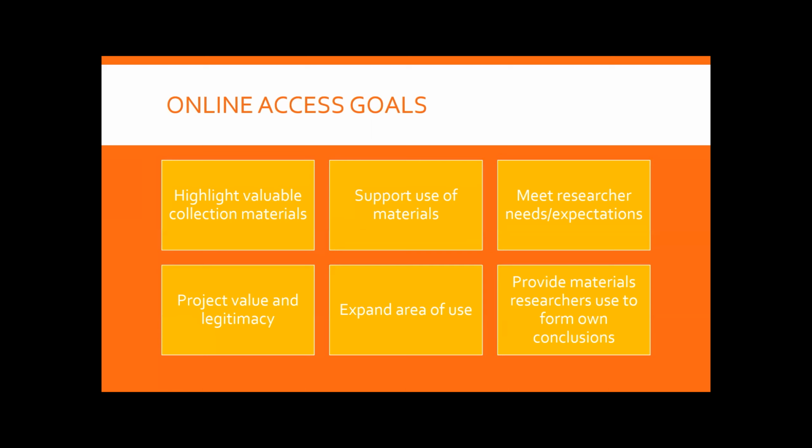If online access helps an archives highlight valuable collection materials, then that can demonstrate to resource allocators and to researchers as well that the archive contains holdings that are relevant and have contemporary value and are useful to researchers, and not just things that no one really thinks about or cares about.